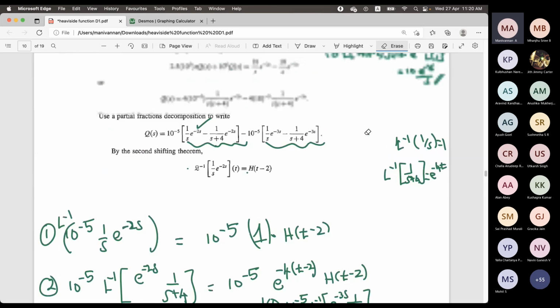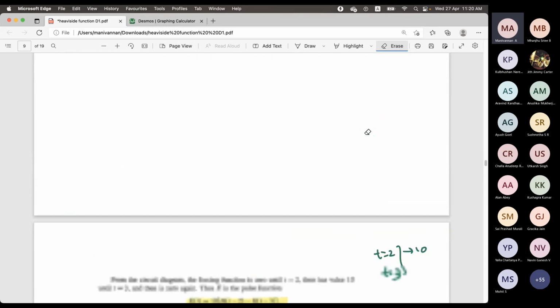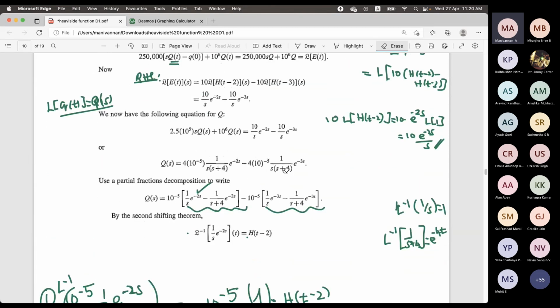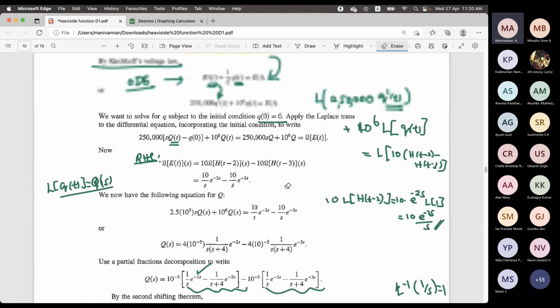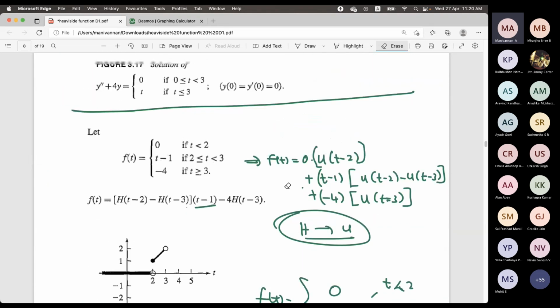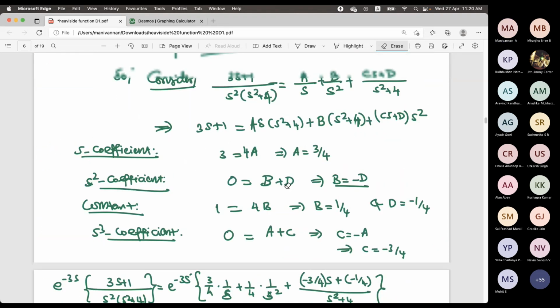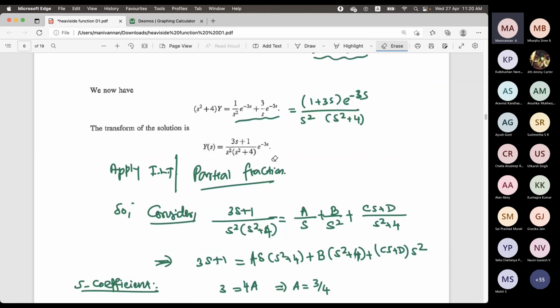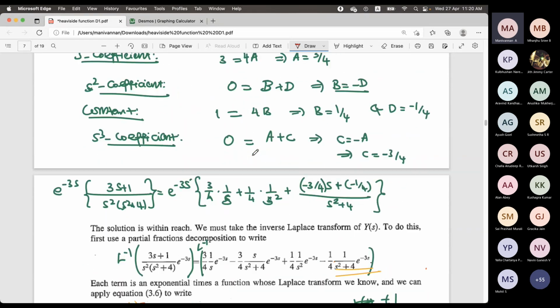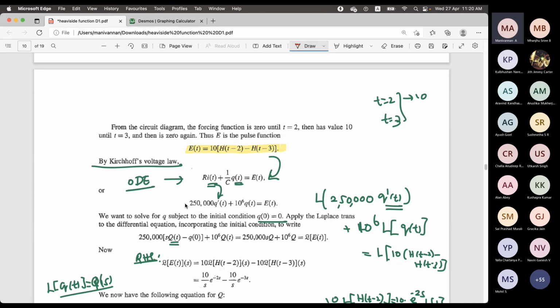We do not bother about e power minus s; in the last class also we did not take e power minus 3s into account. It is in product form, so we keep it outside, compute the remaining part, and then multiply it in. Please remember this same ideology here.